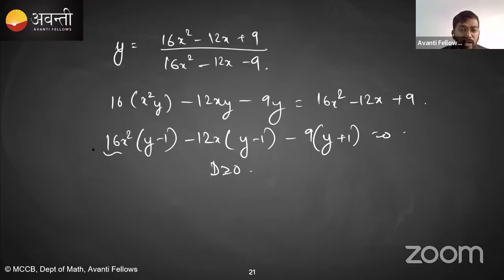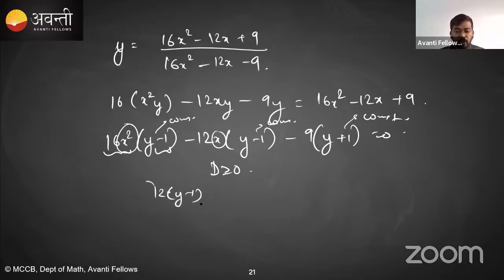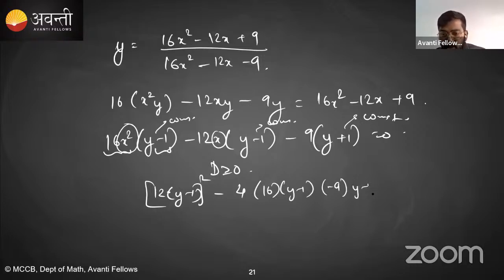Now I treat this as a quadratic equation in terms of x, and y minus 1 will be our constant. For d greater than or equal to 0, the coefficient of x is 12 times y minus 1, whole square. b square minus 4ac, where a is 16 times y minus 1 and c is minus 9 times y plus 1, should be greater than or equal to 0.